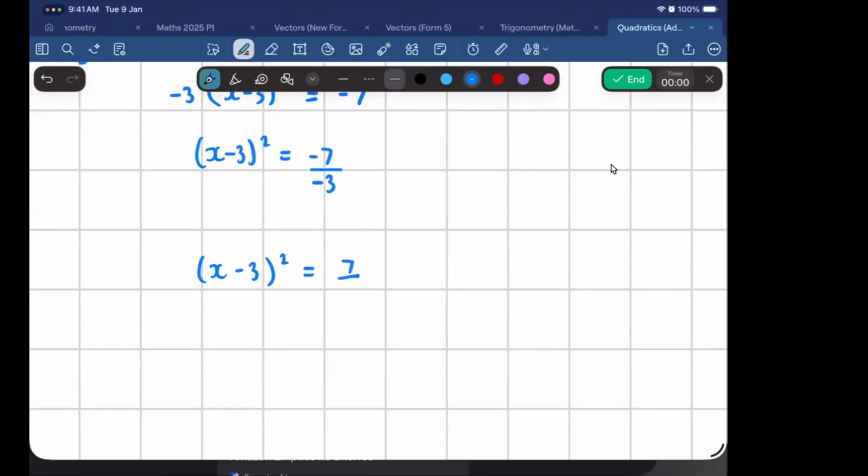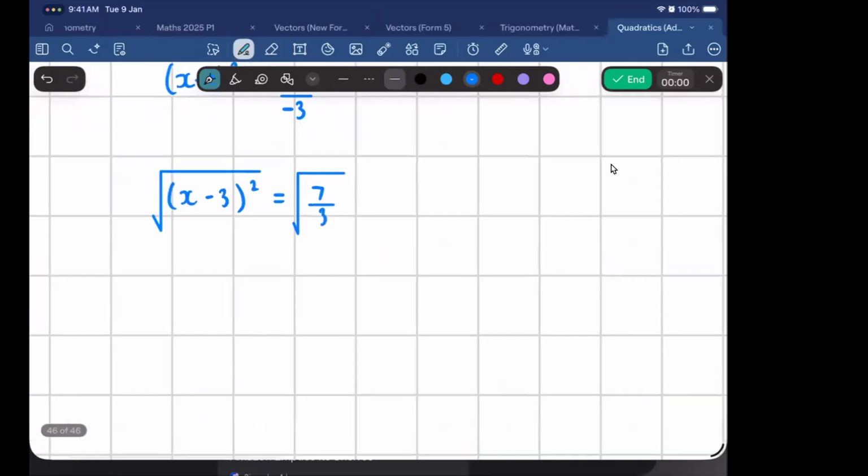What's next? Square root them. Now, 7 and 3 are both prime numbers, so you really can't do anything with that. You're just gonna leave that as the square root of 7 over 3.